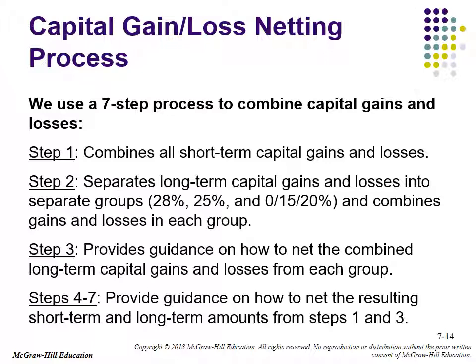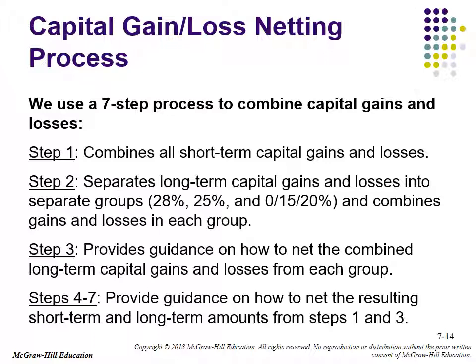So generally, the way you could look at this is that when you net together your short-term gains and losses and your long-term gains and losses by category, if the signs are different, you combine and net those 2 together. If they're the same, you'll have a net short-term capital loss, a net long-term capital loss, a net short-term capital gain, or a net long-term capital gain.